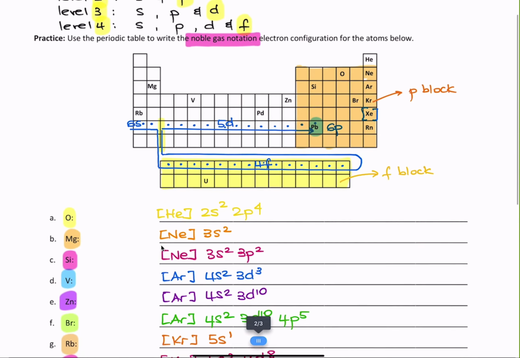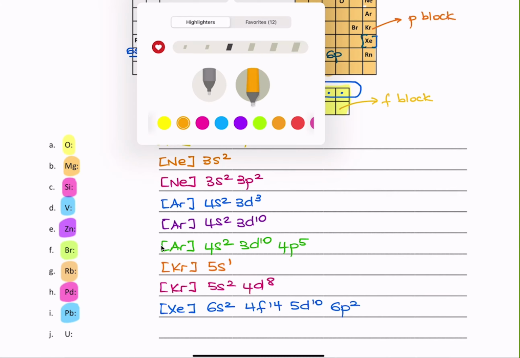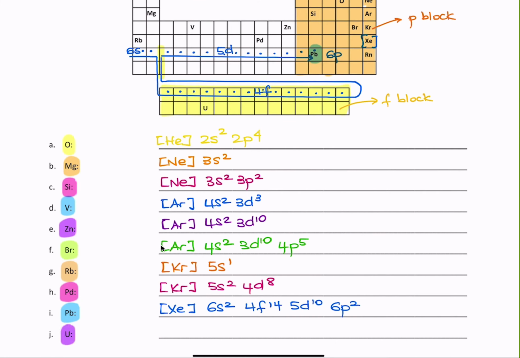Let's finally do our last one, uranium. If I want to enter the second line of the F block for uranium, it means that to reach U, I need to enter here. Therefore, the noble gas before will be Rn.